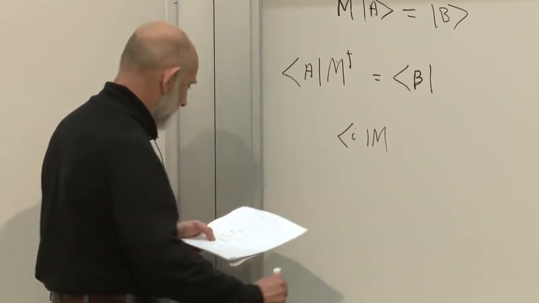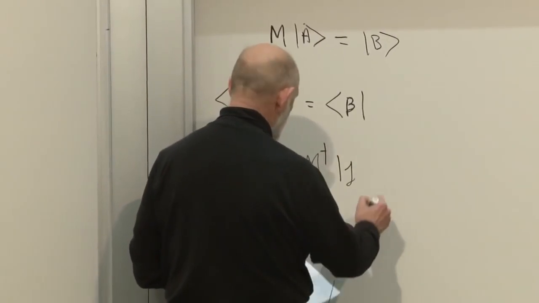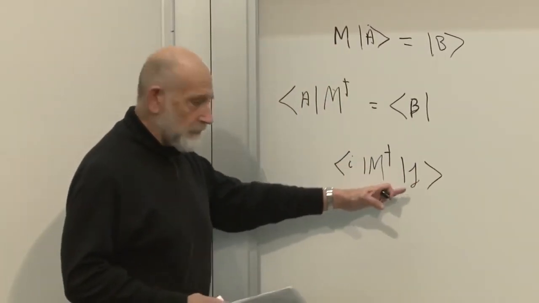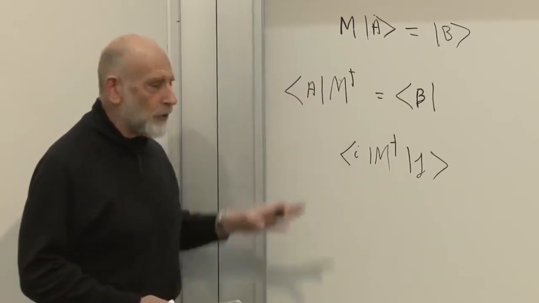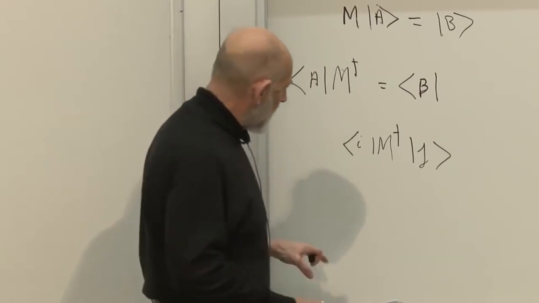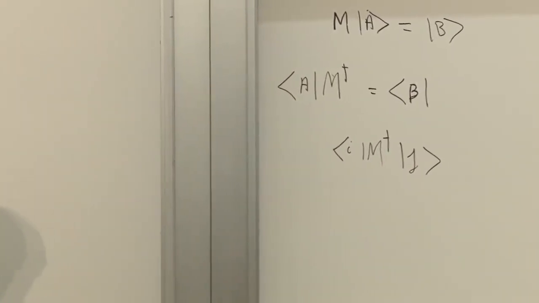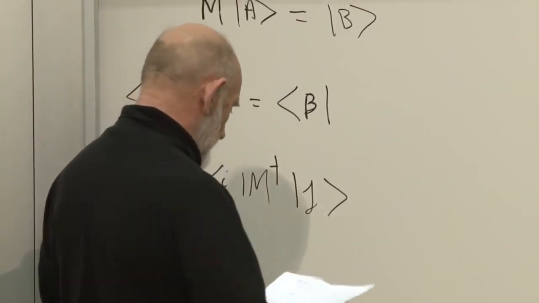This is what I would call the ijth matrix element of M dagger. I don't know what M dagger is yet. I have a suspicion it has something to do with complex conjugates. But these are its matrix elements, a concrete set of numbers. Can we find out what they are?